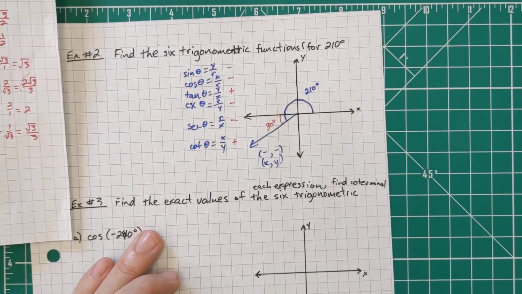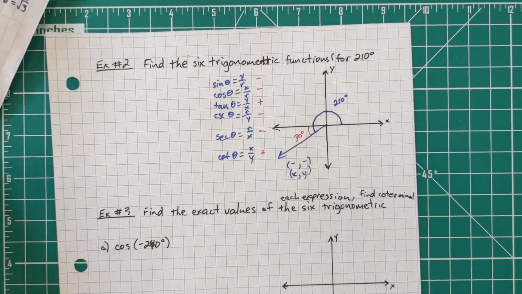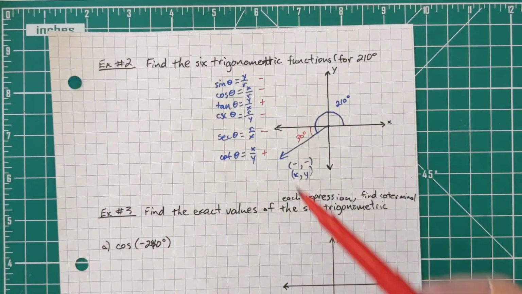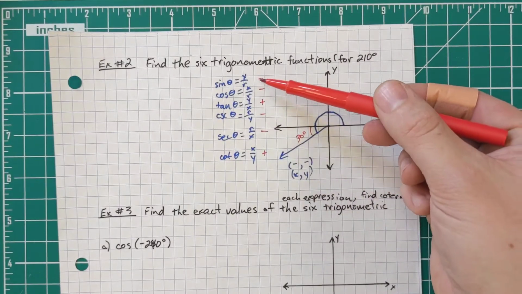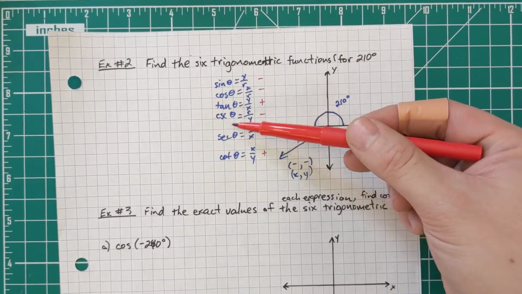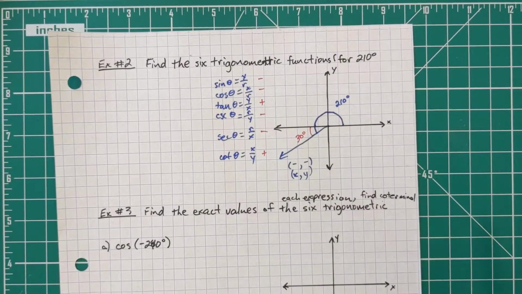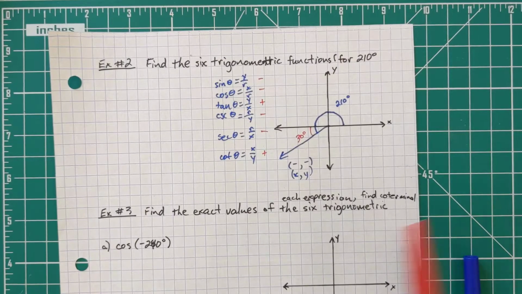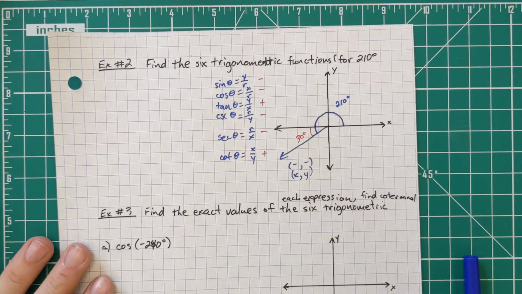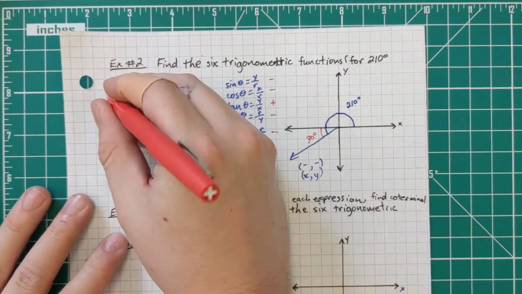So when I look at all of those functions, I see that sine and cosine will be negative, and cosecant and secant will be negative, but tangent and cotangent will be positive. So I'm going to put these side by side so we see.